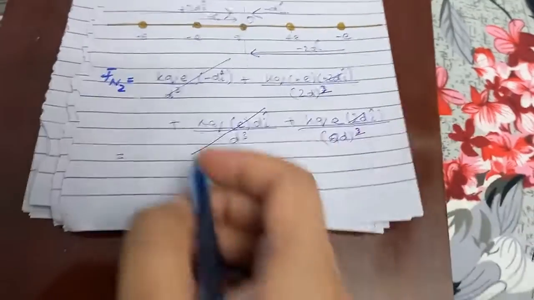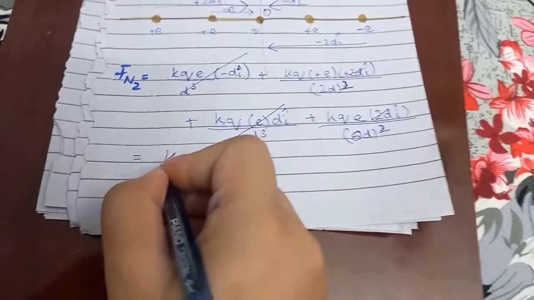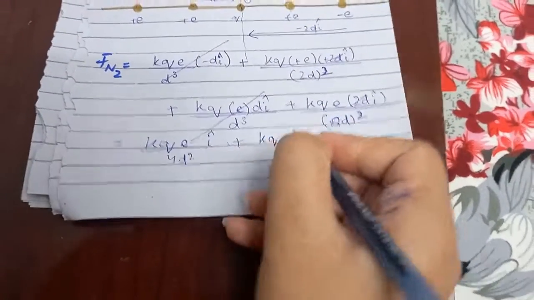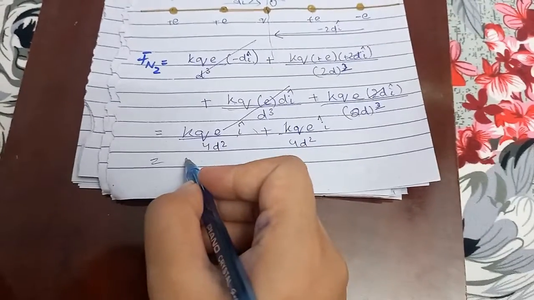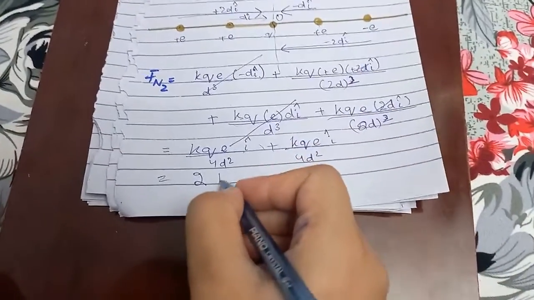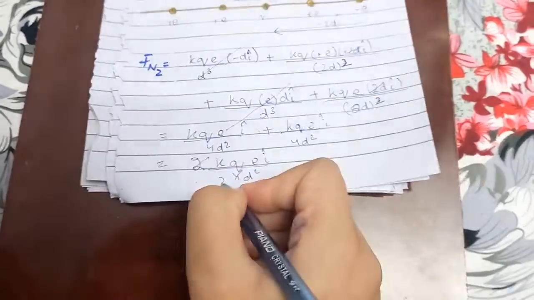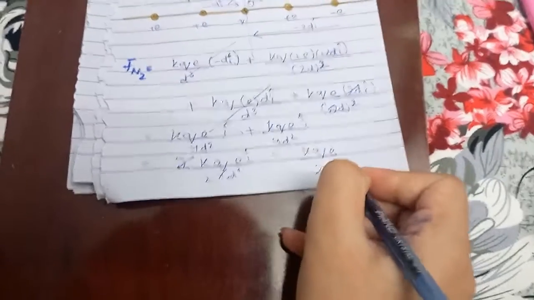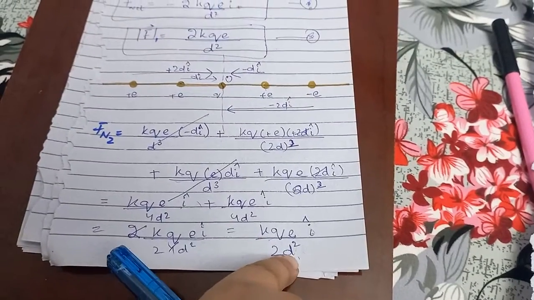Here the same happens, so it's k q e i hat divided by 4d square, and this is the same thing, i hat over 4d square. If we add them up it becomes 2 times k q e i hat over 4d square, so it's k q e over 2d square i hat. So the magnitude here is k q e over 2d square.